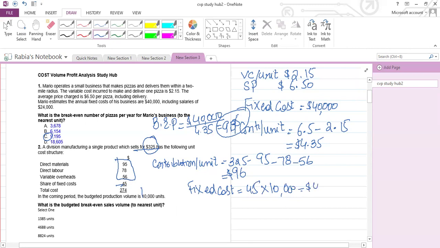You have a total fixed cost of 450,000 divided by contribution per unit, that is 96. You will get the units, that is 4688. This is the right option.